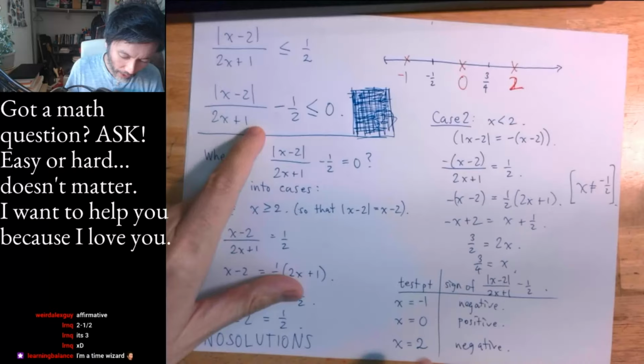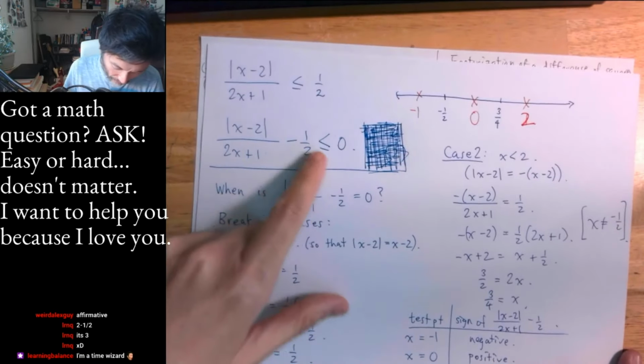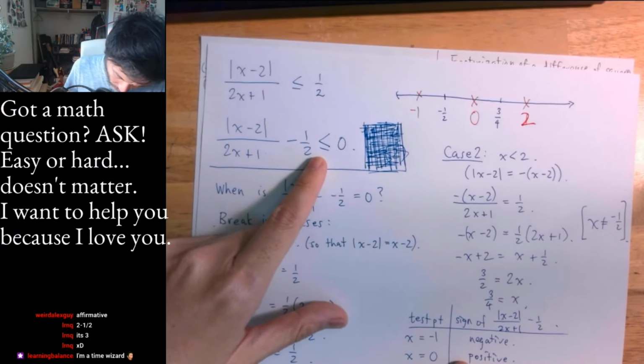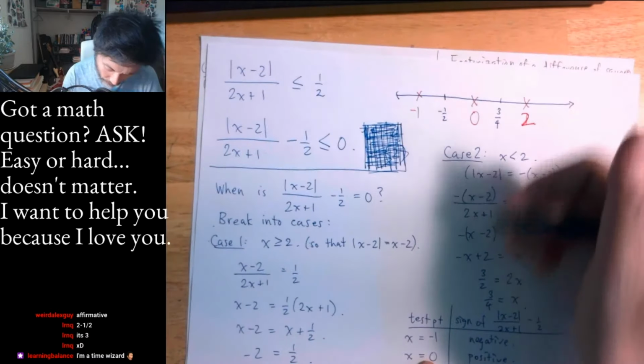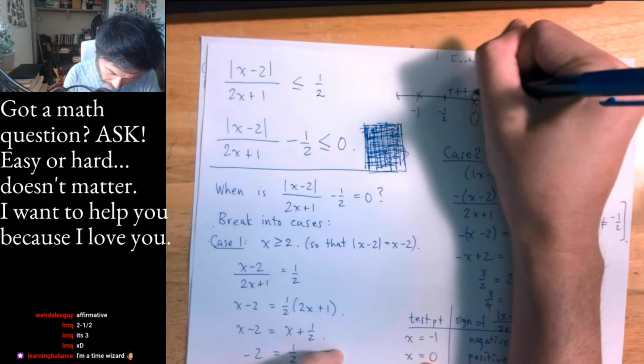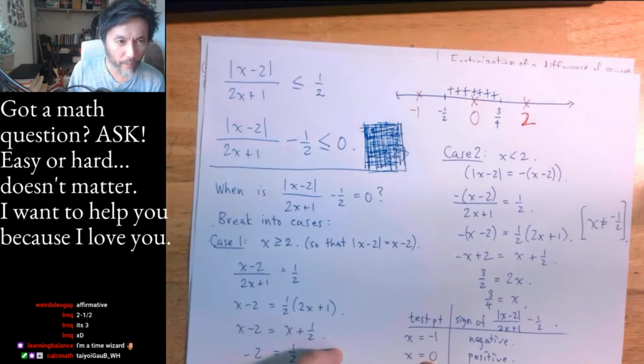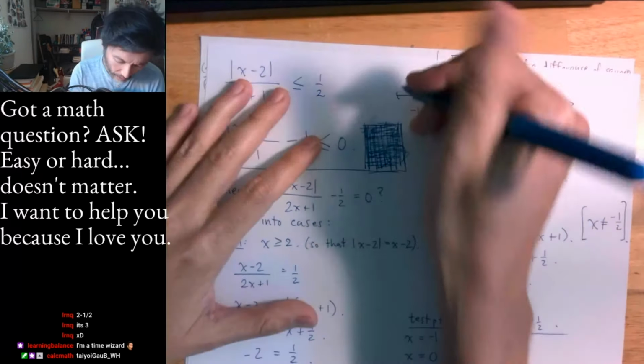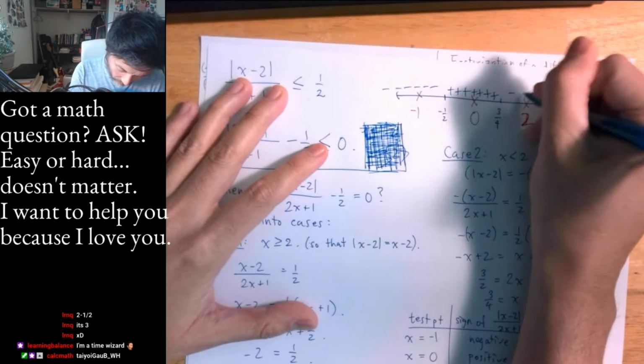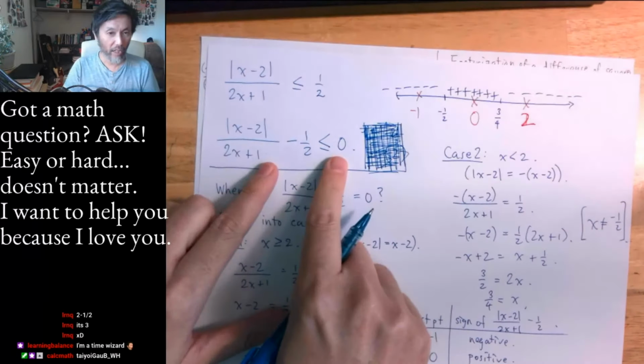So this expression is only positive on this interval, and it's negative elsewhere. Oh, actually, we need to know that. We're interested in that. Okay?